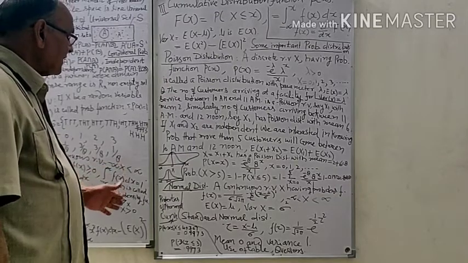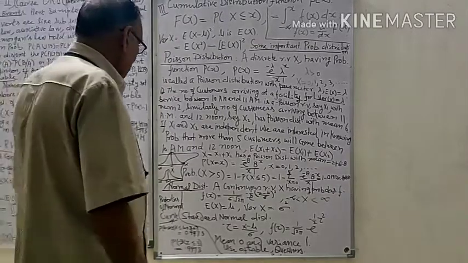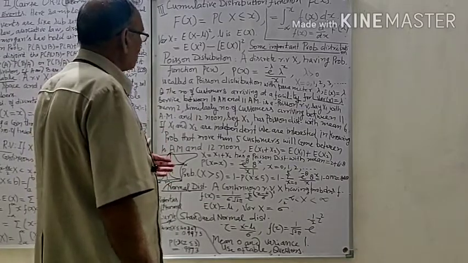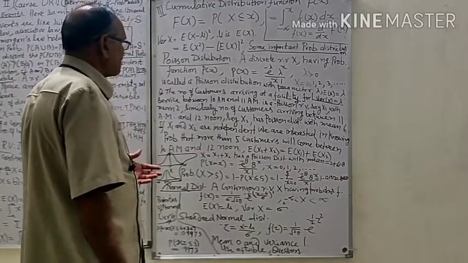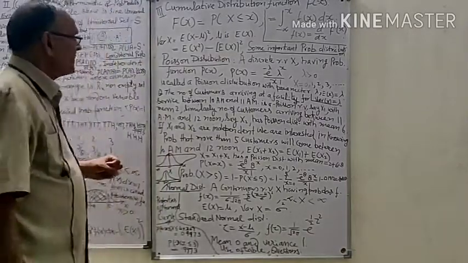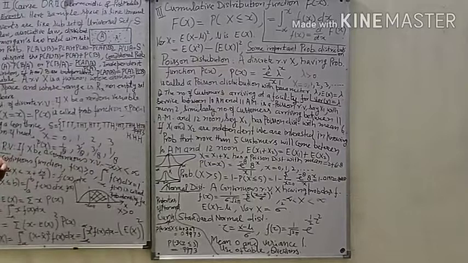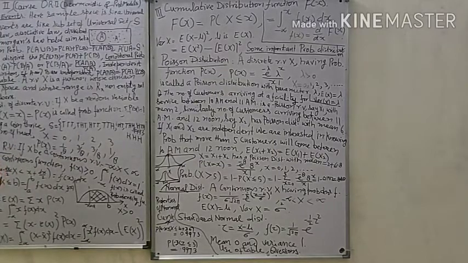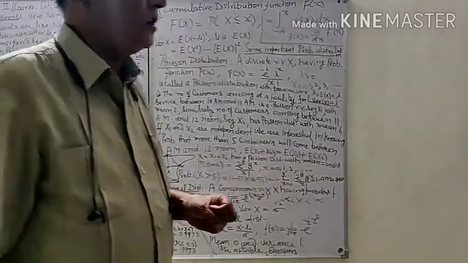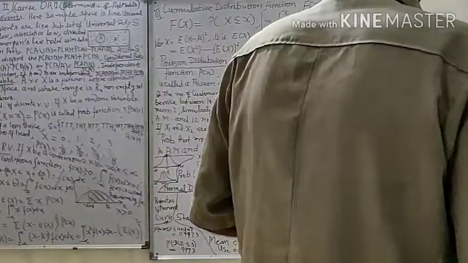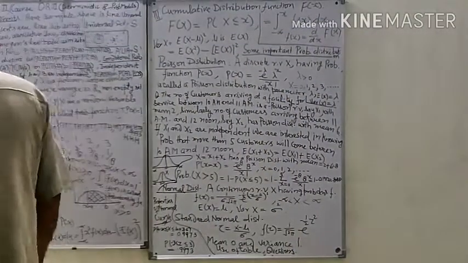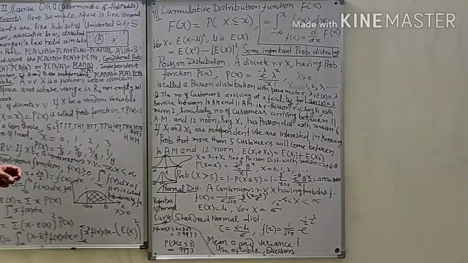So now this is the end of this lecture. In another lecture I will take some other important distributions like the exponential distribution. And I taught you here that the Poisson distribution and exponential distributions are very important for the study of queuing theory. If arrival is random, it always follows a Poisson distribution.